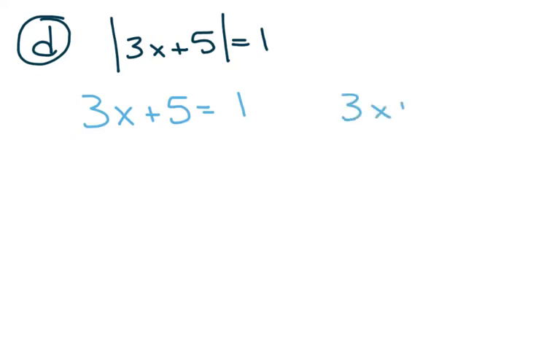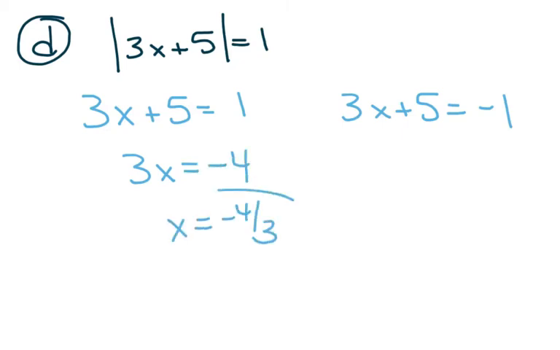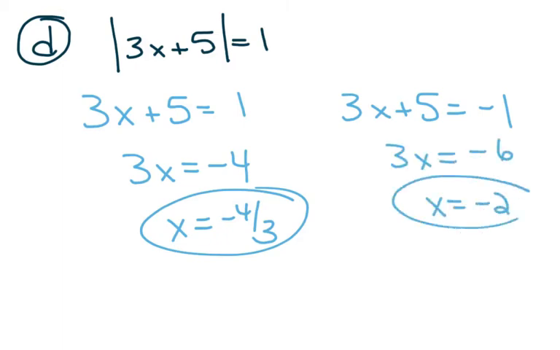But 3x plus 5 could also be negative 1, because the absolute value of negative 1 is still positive 1. And then you just solve these. So 3x is equal to negative 4, x is equal to negative 4/3 is one of the solutions. 3x is equal to negative 6, and x is equal to negative 2 is the other solution.